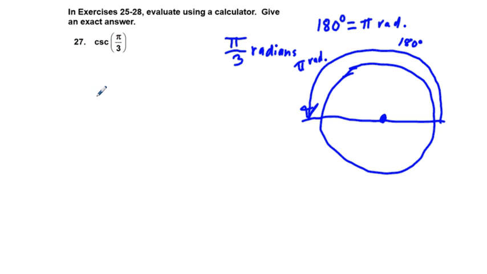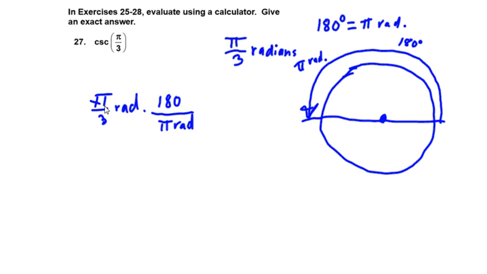So anyway, this pi over 3 radians, we convert that to degrees by multiplying by 180 over pi radians.